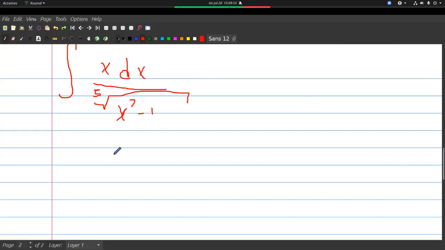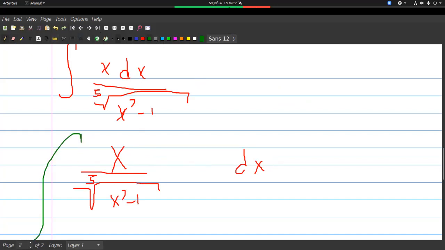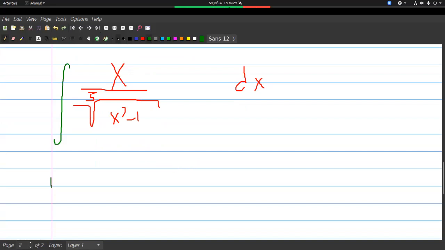And so what we're going to do is x over x squared minus 1, fifth root, dx. Forget this thing over here. We're going to do the integral. Oof, horrible. Okay, and so let's say that a very special letter, r, is equal to x squared minus 1.